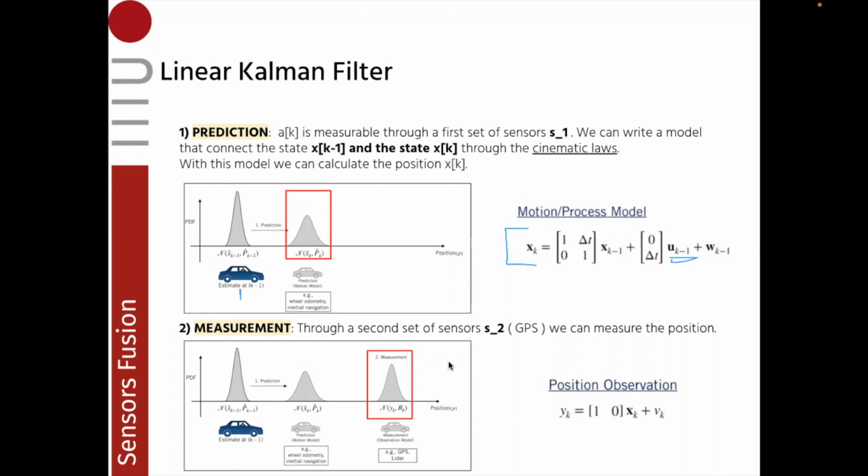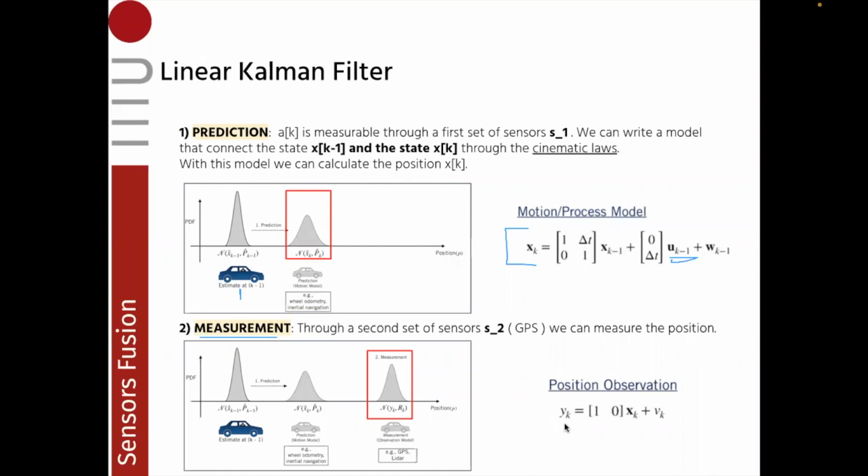The second step actually is the measurement. So at time k, we take our GPS receiver and we read what is the position that our GPS tells us about the car.